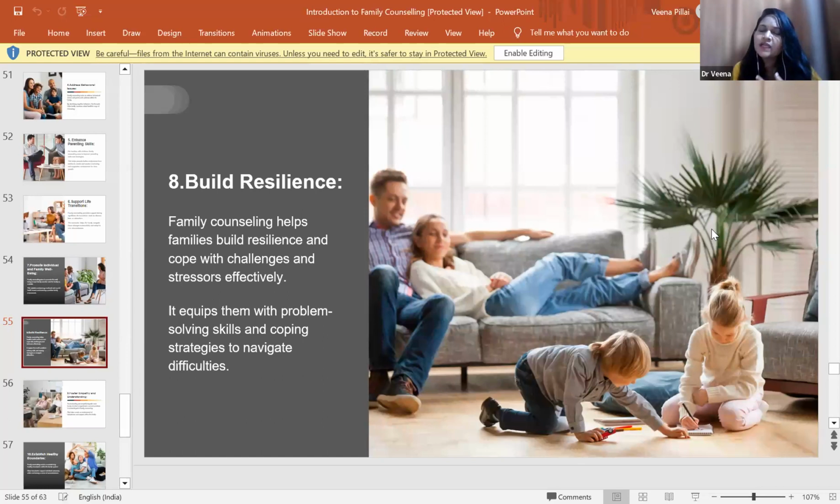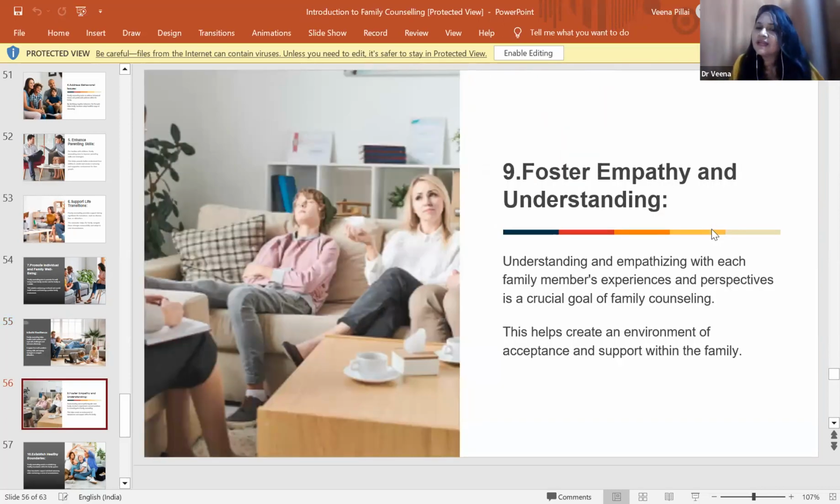So family counseling will help the individuals to overcome the crisis, and also to build certain coping strategies.